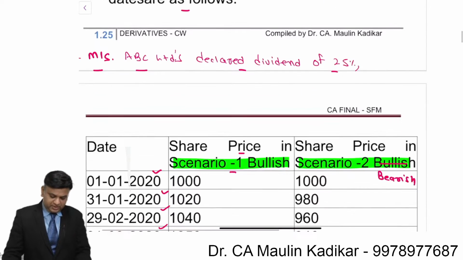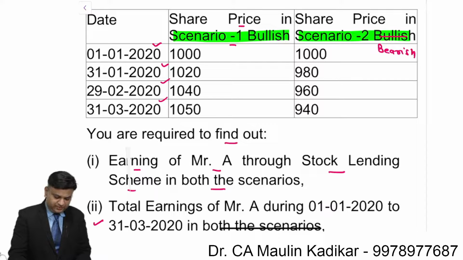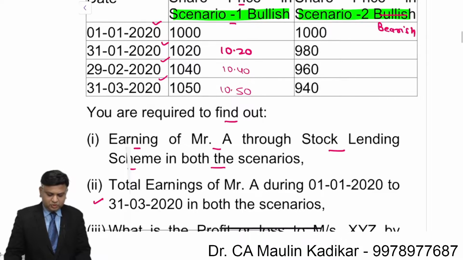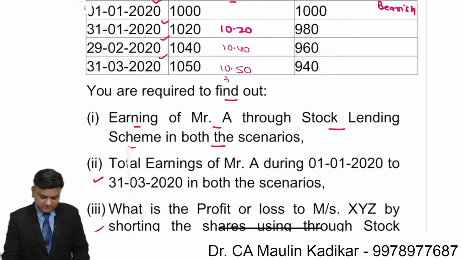So what will happen here? Easily, 1000 into 1% is rupees 10. 1020 into 1% comes to 10 rupees 20 paise. And in the last, I'm sorry, 10.20, 10.40 and 10.50. The total of these three comes to 31 rupees 10 paise.